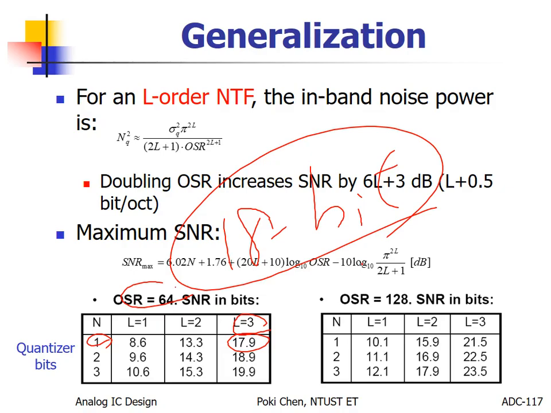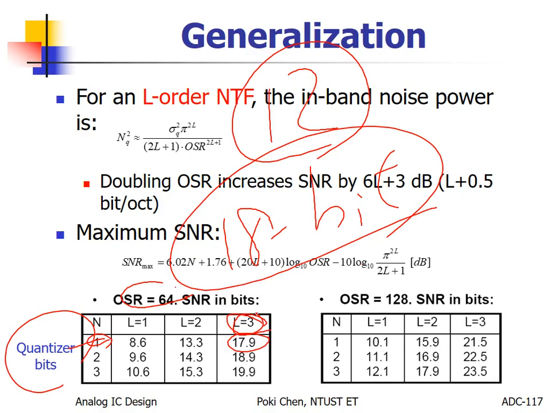For regular ADC, forget about it, because I told you already, even for experienced analog IC designers, it's really hard to achieve anything close to 12 bits. Very, very difficult. But right now, piece of cake. Only 1 bit quantizer means above or below. That's it, right? Wow, ridiculous. But you need to design the third order.